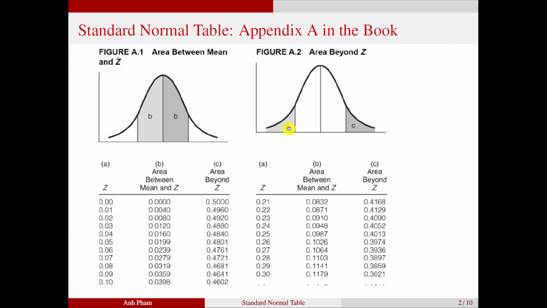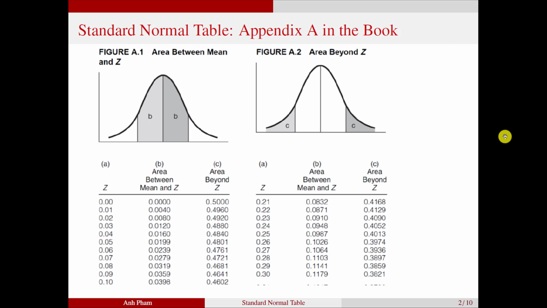Again, the area of the left tail and the area of the right tail are the same because the normal distribution is symmetric around the mean. This column similarly records the Z-scores, of course with different values. So the area between mean and Z is the middle column, and the area beyond Z is the last column.